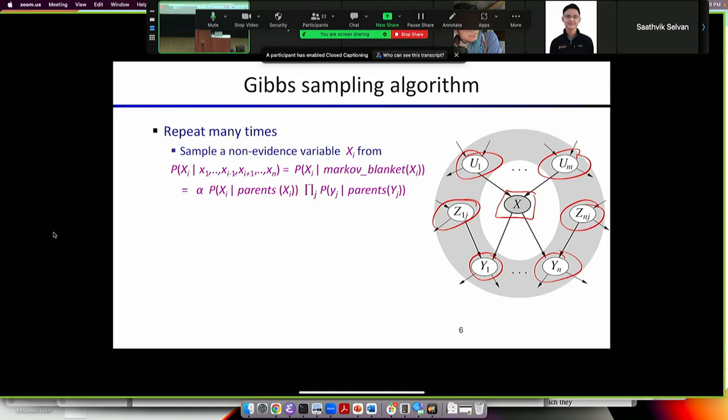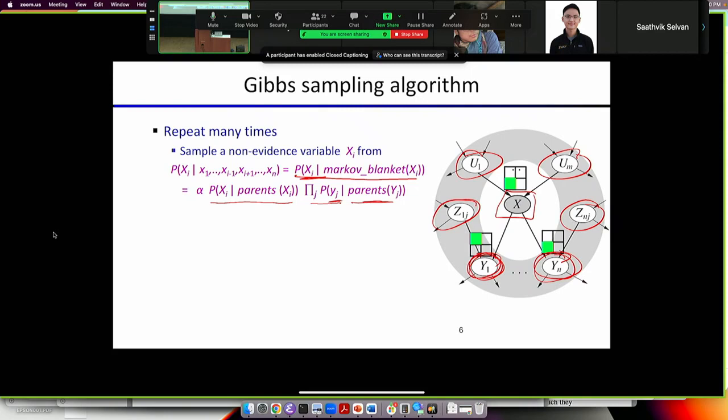And it's relatively easy to show that the probability of a variable given its blanket is proportional to the probability given the parents, and then the product of the probability for each child, the Y's are the children variables, these ones down here, given their parents. Those are all conditional probabilities that are just directly in the network. In fact, I'm showing them there.